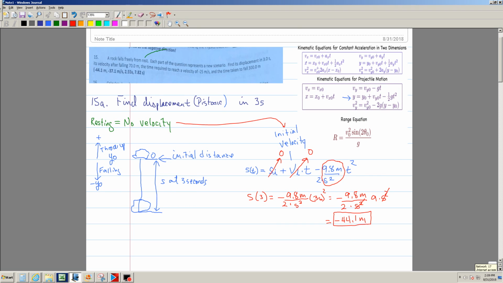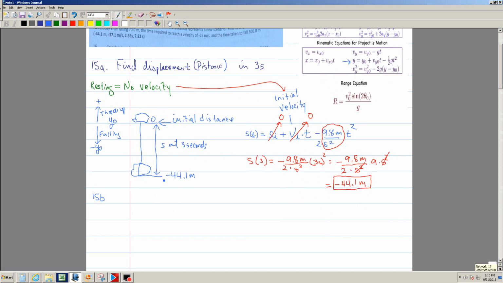Okay, so that's that. Let's do the second part, 15.b, and it says find its velocity after falling 70 meters. In 3 seconds it was negative 44.1 meters.